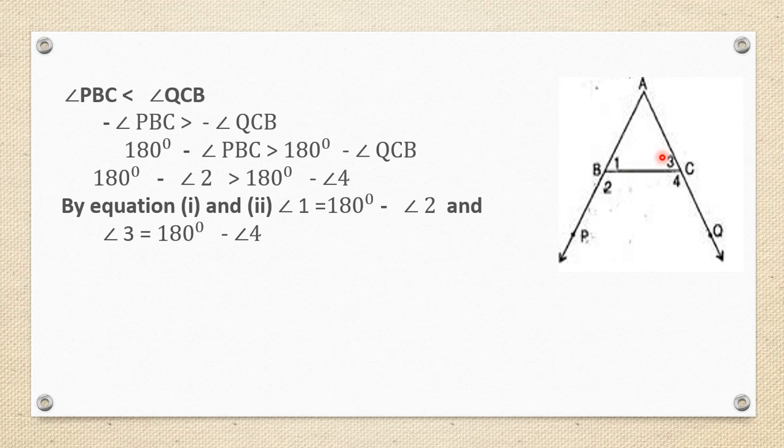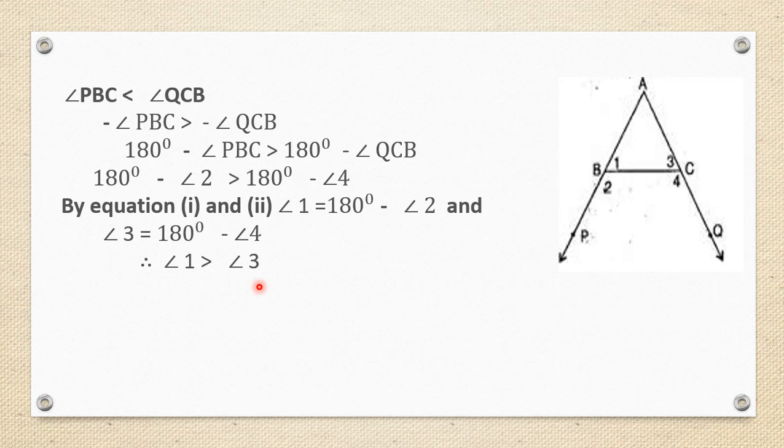Similarly, since angle 3 plus angle 4 is 180 degrees, angle 3 is equal to 180 degrees minus angle 4. Now we put the values in this expression: 180 degrees minus angle 2 is angle 1 and 180 degrees minus angle 4 becomes angle 3. So we get angle 1 is greater than angle 3.